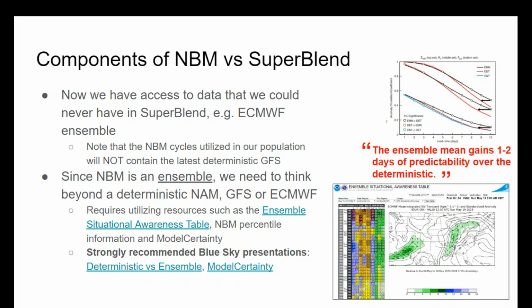Take, for example, the Ensemble Situational Awareness Table, a really nice tool to look at the ensembles, look for significant weather in them. The NBM percentile information, some of that's actually in AWIPS. You can get some of it online as well. And the model certainty tool that's available in GFE, which can give you some proxies about how the NBM is working.